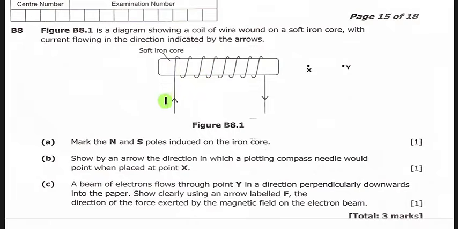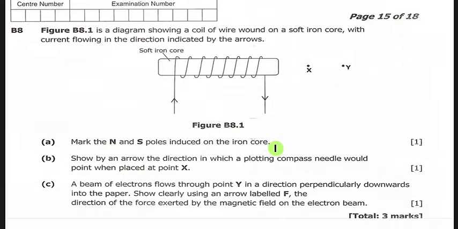Now they're saying with current flowing, so there will be current flowing in the direction of the arrows. Then they're saying mark the N and S poles induced on the coil. So we mark the north and the south poles induced on the coil.